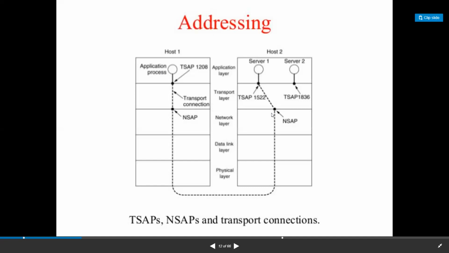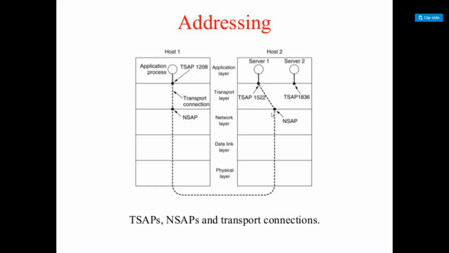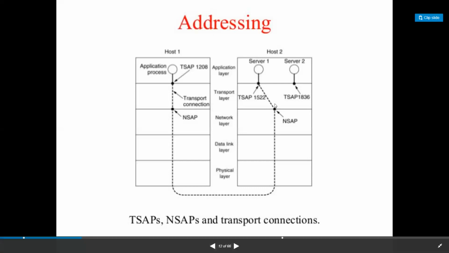That is the reason it is said to be point-to-point data delivery from network layer to network layer. From here, this is the TSAP, the transport service access point. These are the port numbers 1522, 1836, and so on; these are the different port numbers.